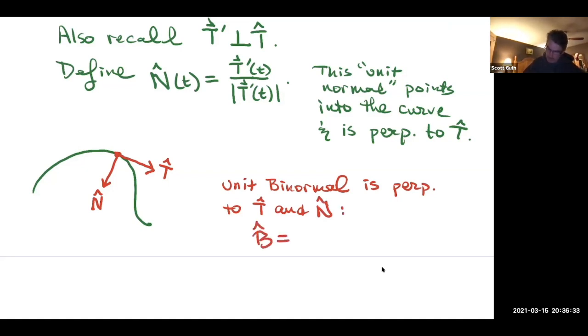It's just T cross N. Well, it's easy as long as you don't mind cross products. That turns out to be a unit vector naturally, so you don't have to divide by its magnitude. All right, that's enough punishment, but I do think that'll get you through that next section.